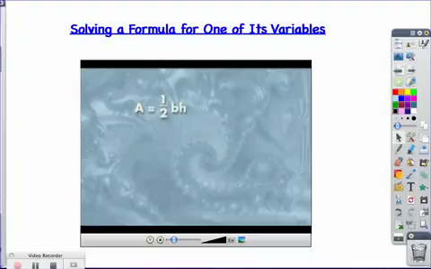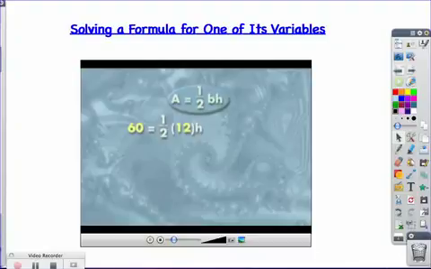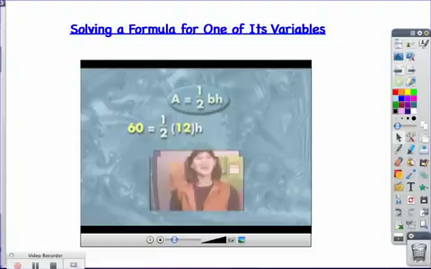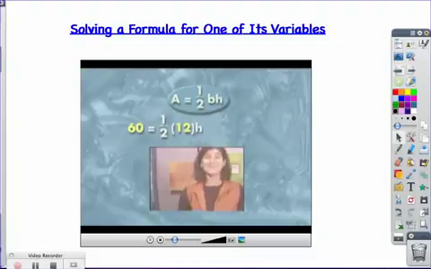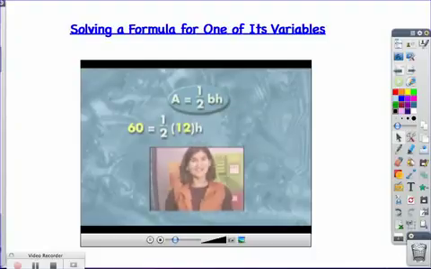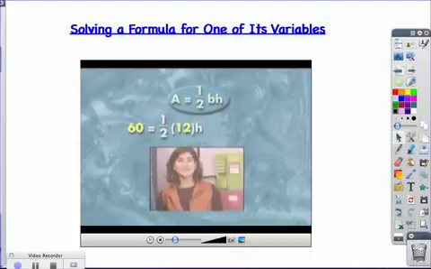For the first step, I'll eliminate the 1/2 by multiplying both sides of the equation by the reciprocal of 1/2, or 2. Simplifying on the left, I have 2 times 60, or 120. And on the right, 1/2 times 2 is 1, leaving me with 12h.